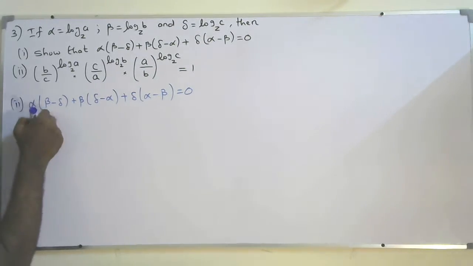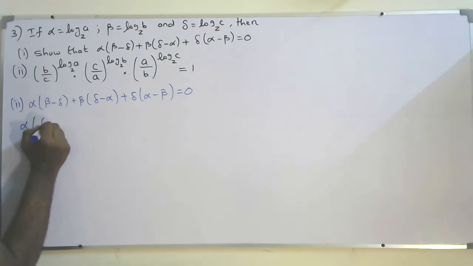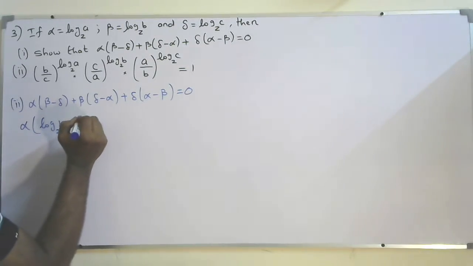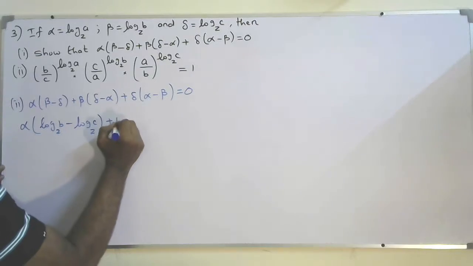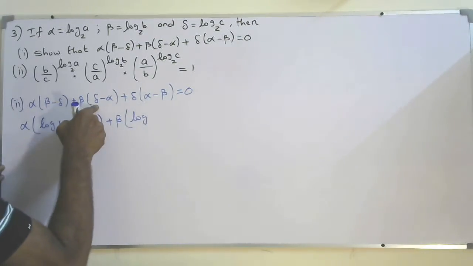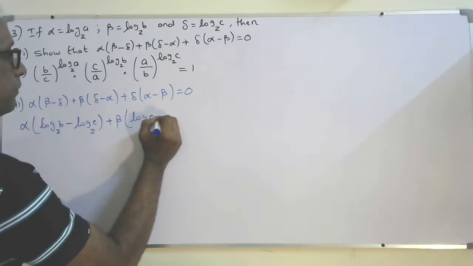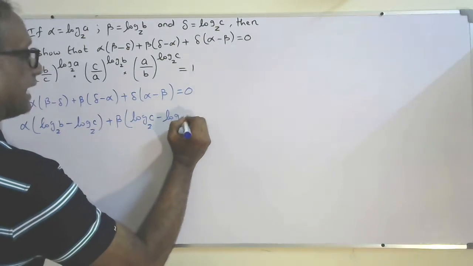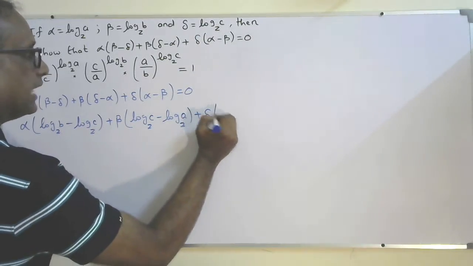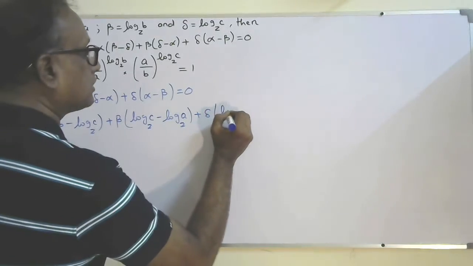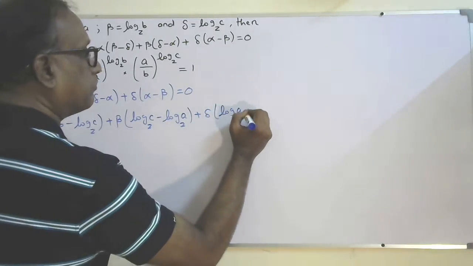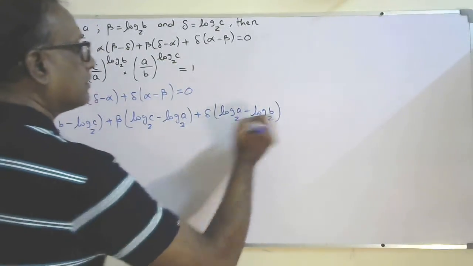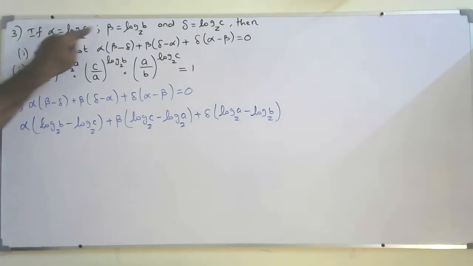So alpha into beta minus delta, I can write log z of b minus log z of c, plus beta into log z of c minus log z of a, plus delta into log z of a minus log z of b. I'm just substituting the given relationship.